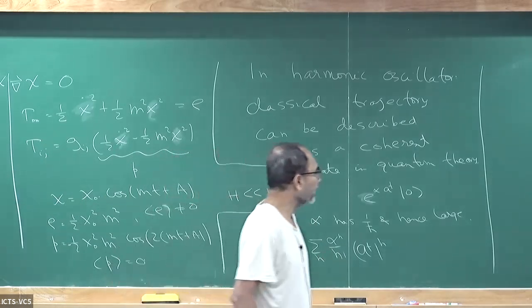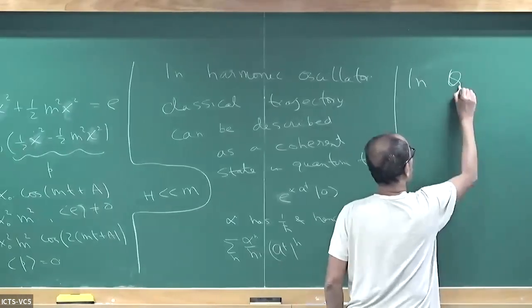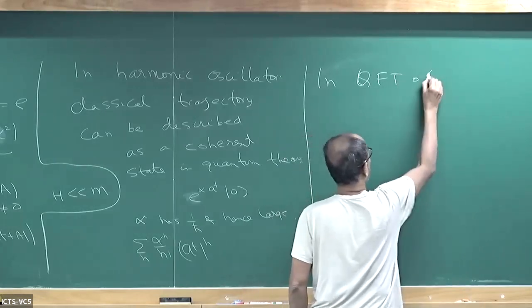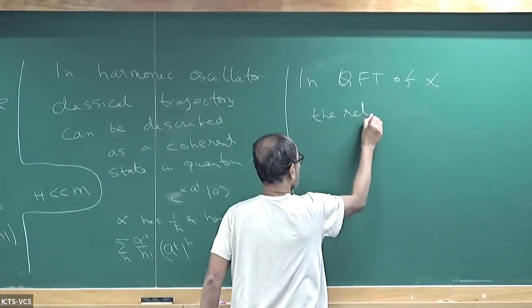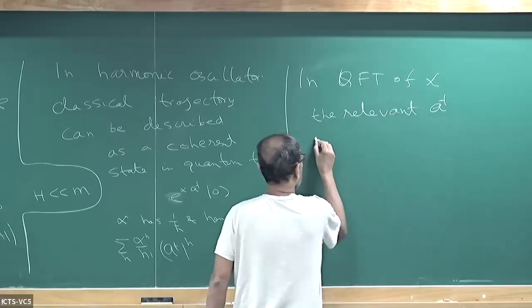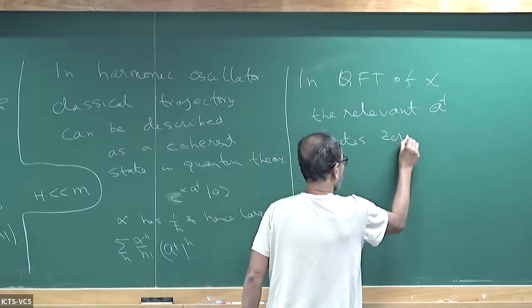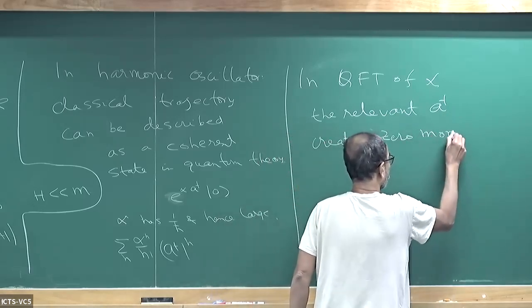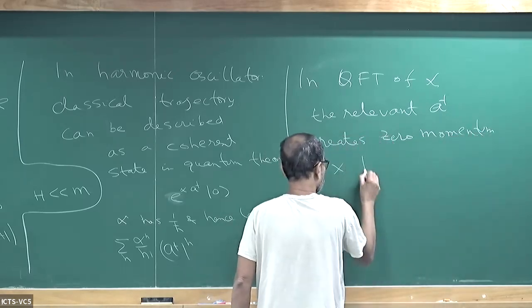So in QFT of phi, the element a dagger creates zero momentum chi particles.